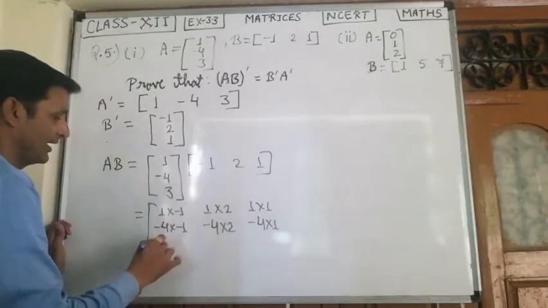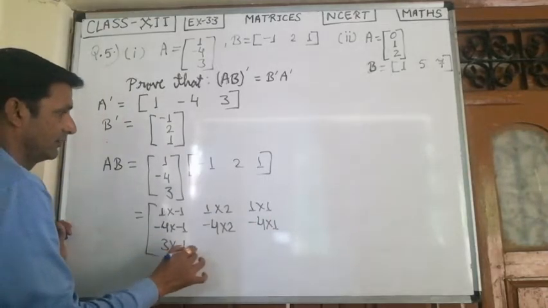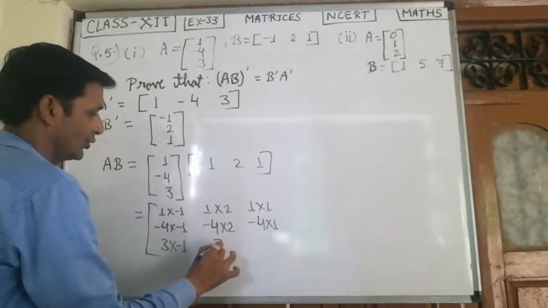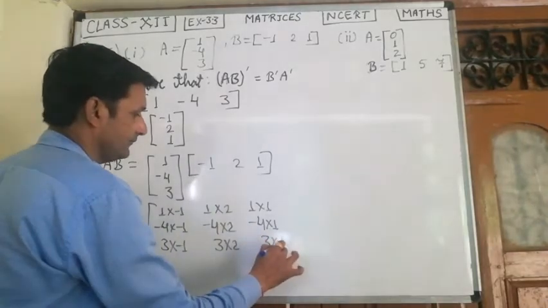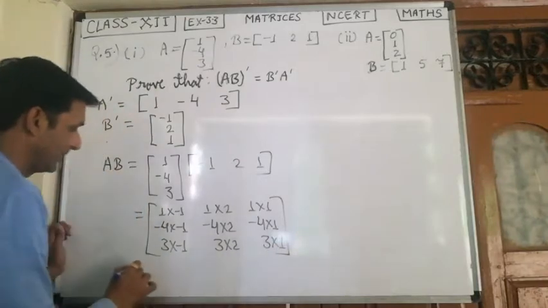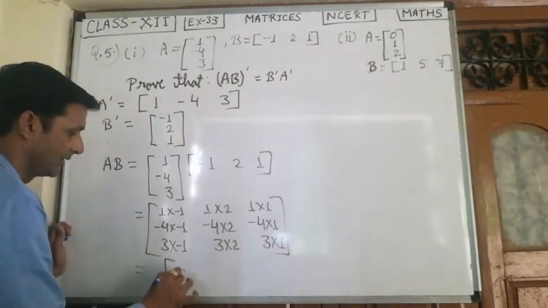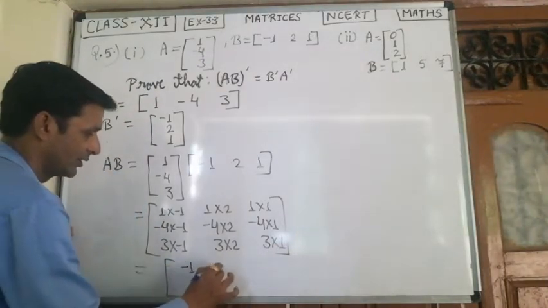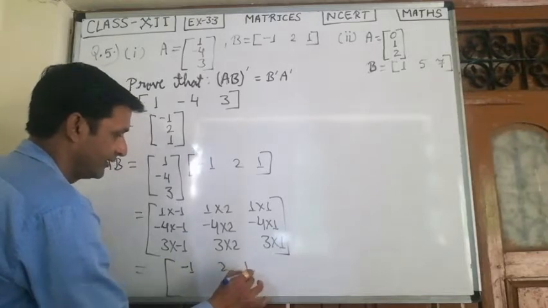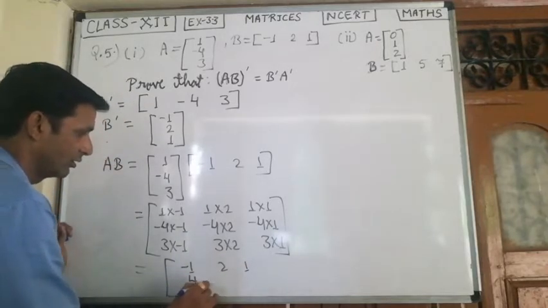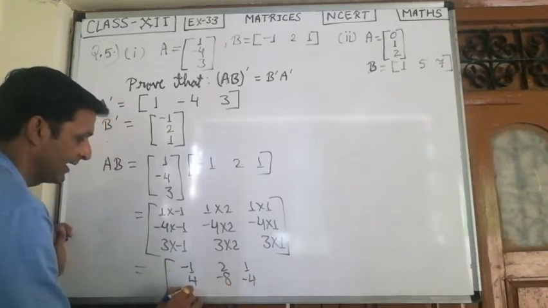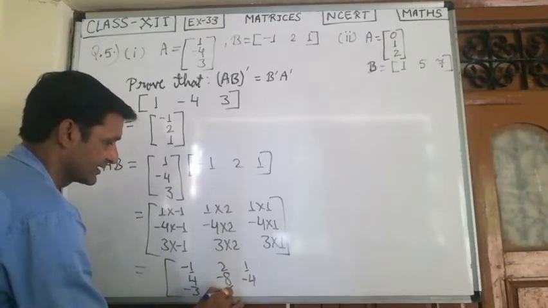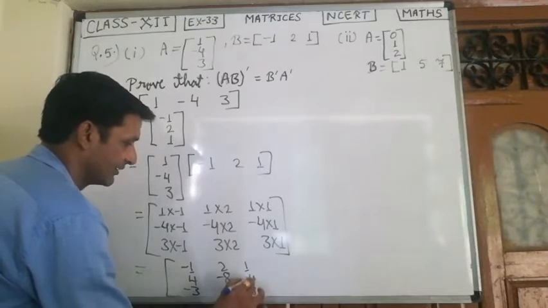Now 3 into minus 1, 3 into 2 and 3 into 1. So this complete matrix will become minus 1, 2, 1, 4, minus 8, minus 4 and here it is minus 3, 6 and 3.